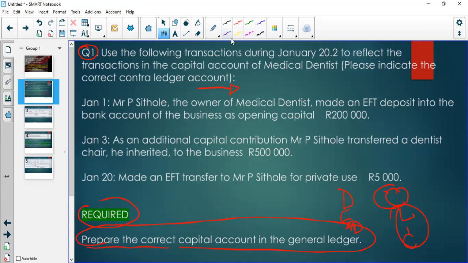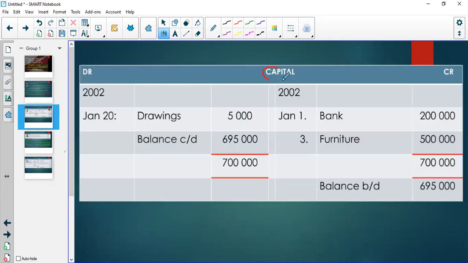Now I'm going to demonstrate how we construct it. As you remember, your capital account, your general ledger account, has a debit side and a credit side. Here I didn't put in all the details like the date, details, folio. Those are secondary in importance. We want to demonstrate the construction.